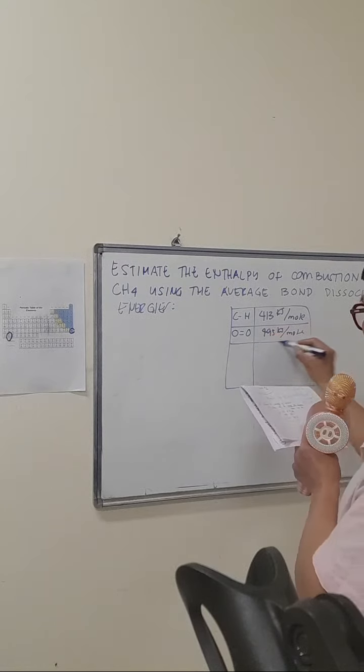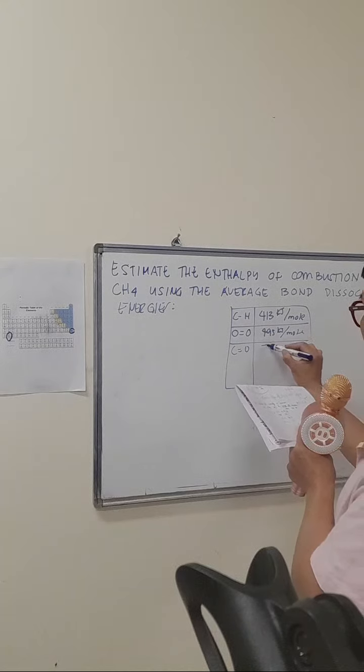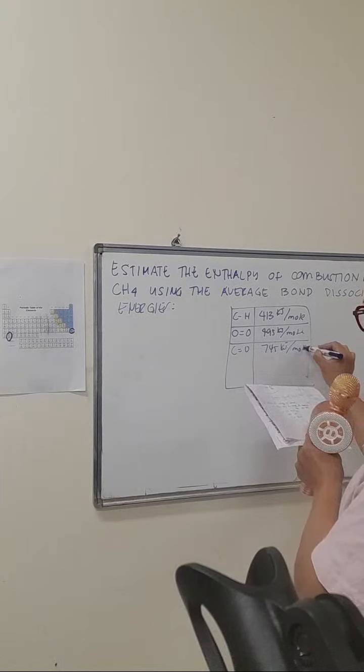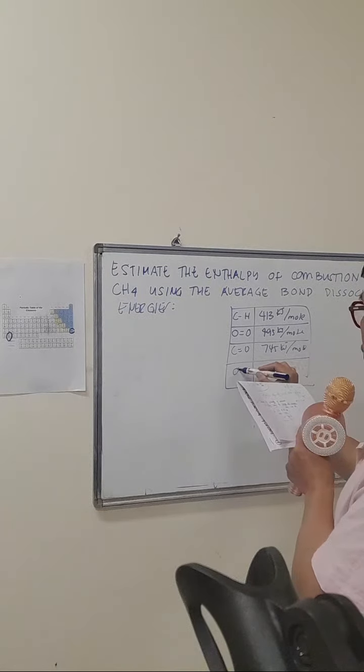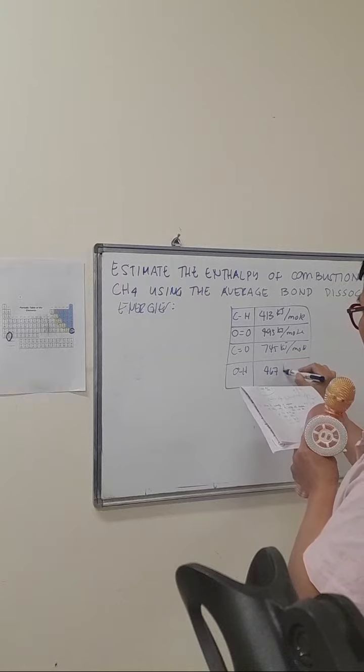And we also have the carbon double bond oxygen, 745 kilojoules per mole. And then the oxygen to hydrogen bond, the hydroxyl group or hydroxide, 467 kilojoules per mole.